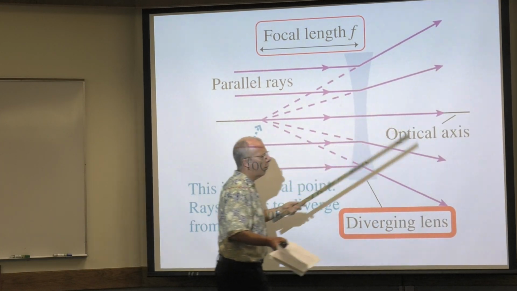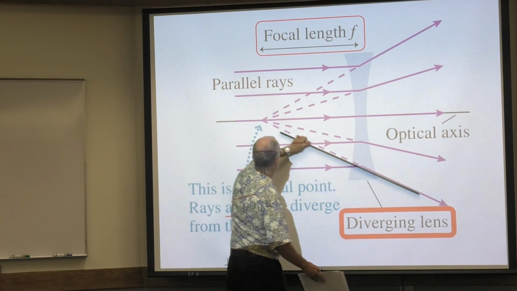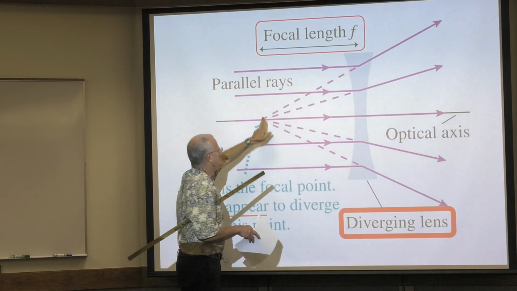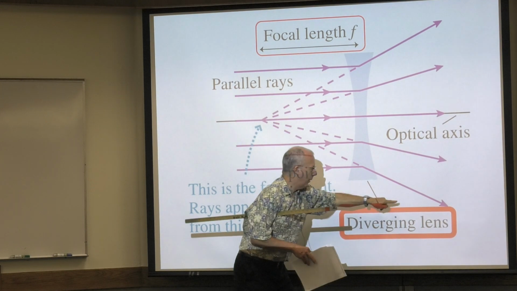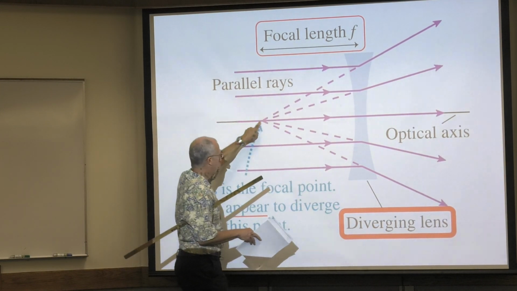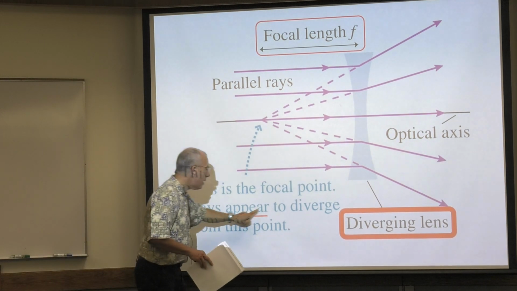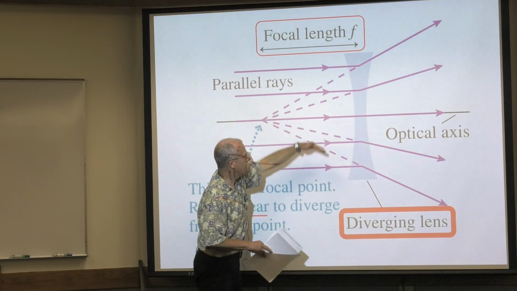Well, how do you find a focal point? They're certainly not going to converge. So you just backtrack on these outgoing rays, and that's the focal point. So this is not real light. This is the real light. Here we just backtracked. So that's called the focal point. All right, so rays appear to diverge from this point.